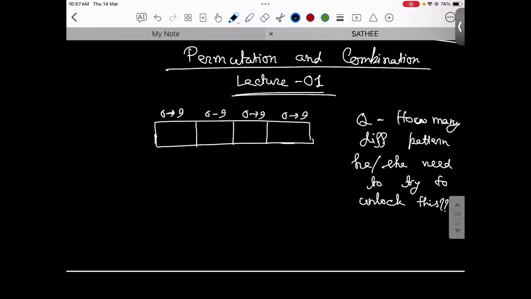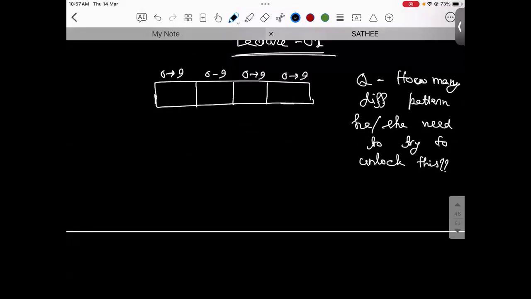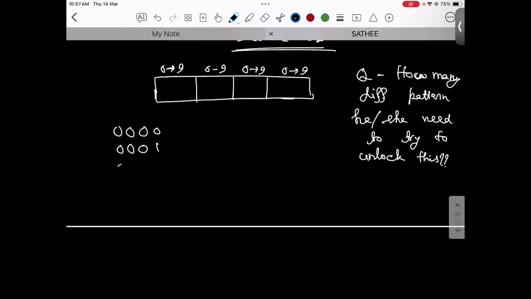For that, one can count many different combinations, like this. First was 0 0 0 0, then 0 0 0 1, then 0 0 0 2, and so on.